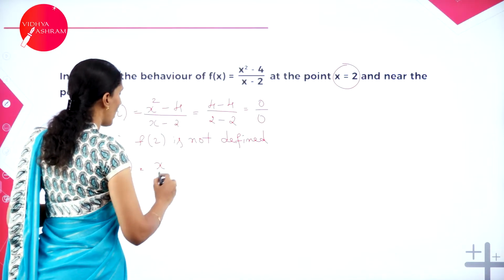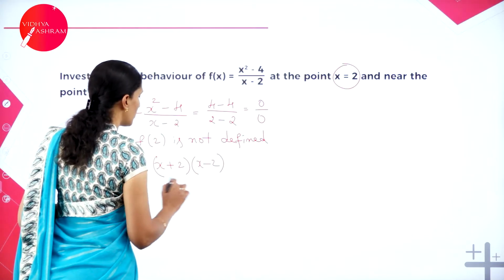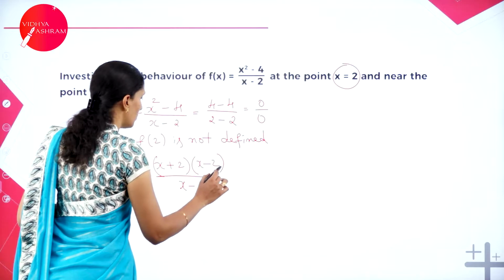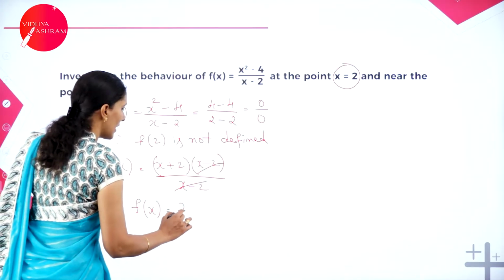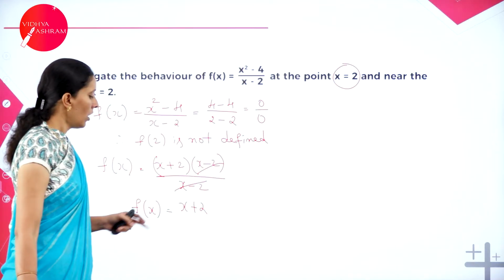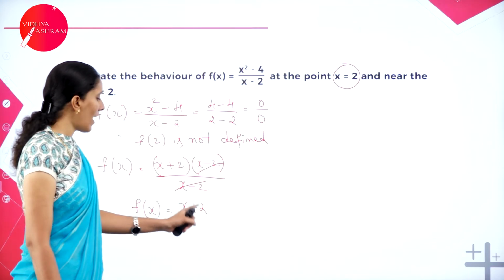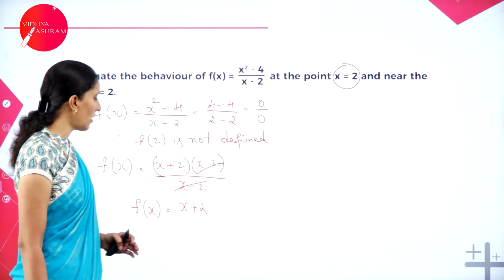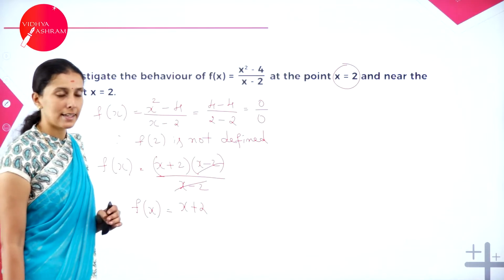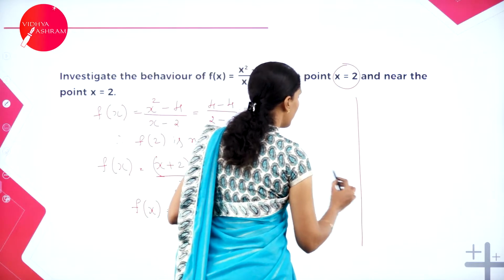We can write x square minus 4 as x plus 2, x minus 2 divided by x minus 2. So, cancel those. Therefore, the function can be rewritten as x plus 2. Now, the function is defined. So, let us see for what values the values become equal to the functional value as x is equal to 2. Now, let us write the graph.